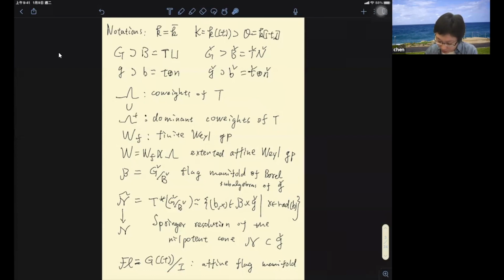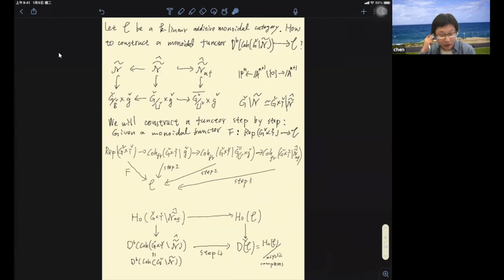Now recall our goal is to construct a functor from the equivariant derived category to the affine Hecke category. So I will start with some general discussion about constructing a functor from the equivariant derived category to an arbitrary additive monoidal category. How to construct such a functor?